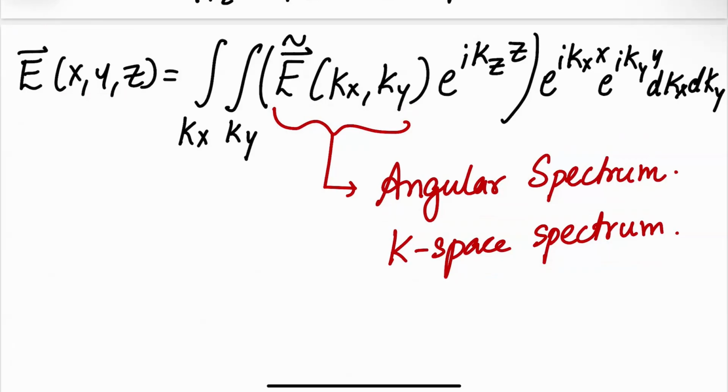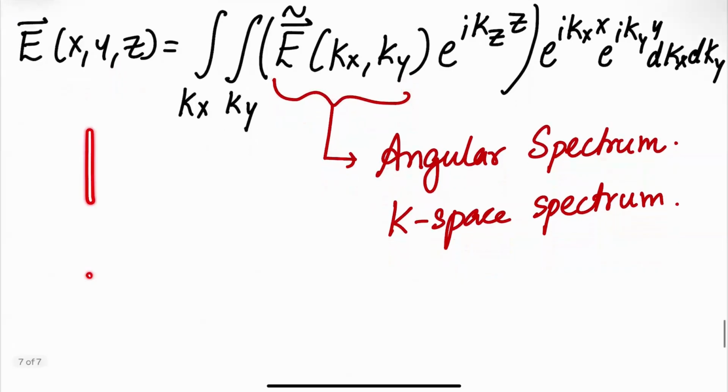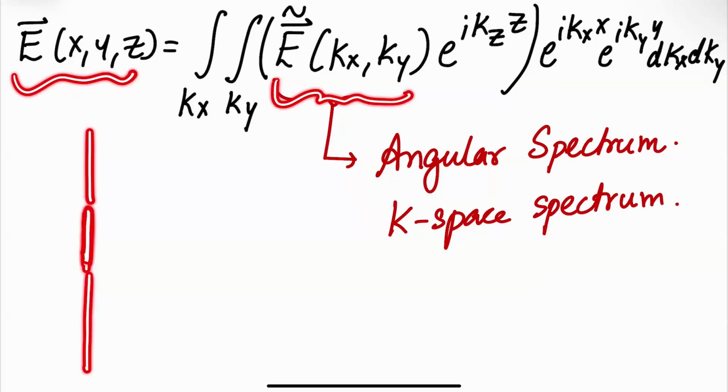Okay, so how is this useful? This is very useful because, for example, let's say I have the electric field in some aperture. At the aperture, I know the electric field. I don't know it everywhere. If I know the electric field at the aperture, then I use that to find what the spectrum is, kx and ky. And there's a way to do that. Essentially, you have to do a forward Fourier transform or an inverse Fourier transform to do that.